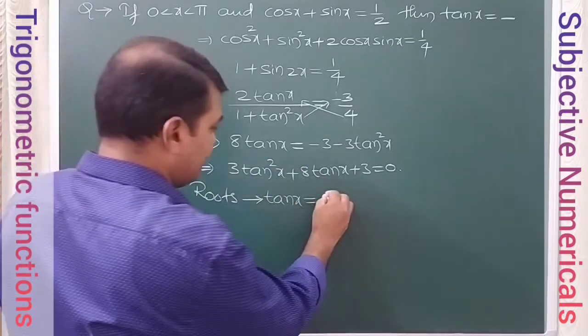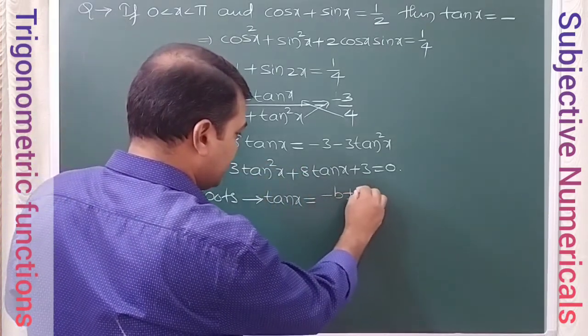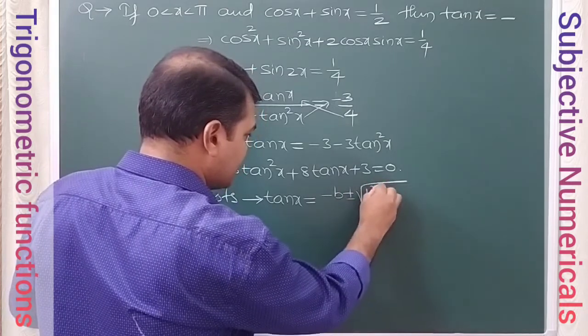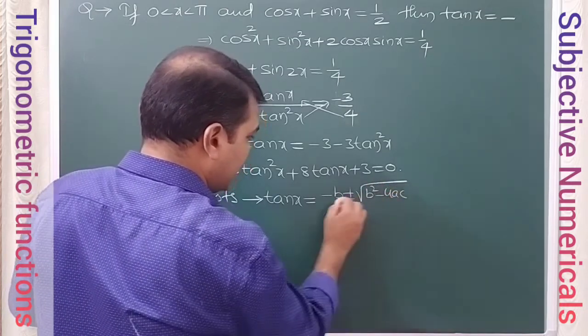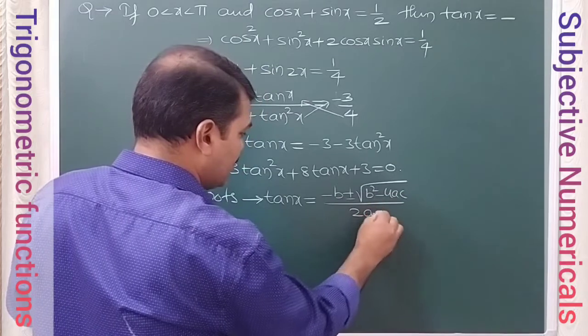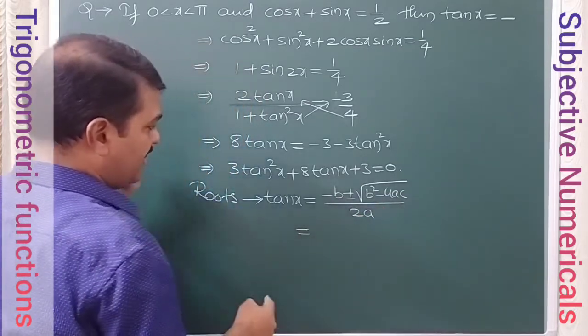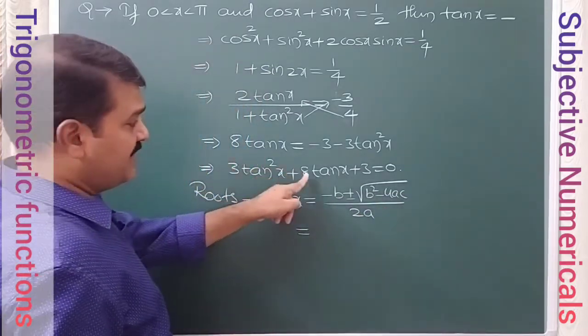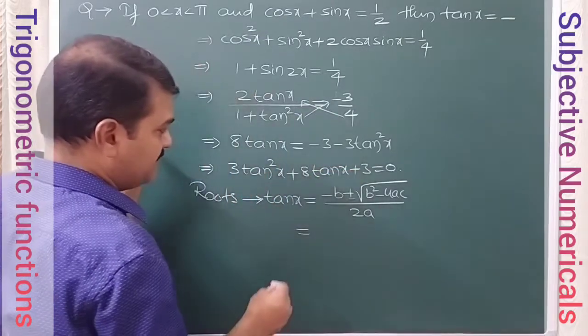So what is the formula for roots? Minus b plus or minus under root b square minus 4ac, by 2a. I wrote the formula first. Here a is 3, b is 8, c is also 3.